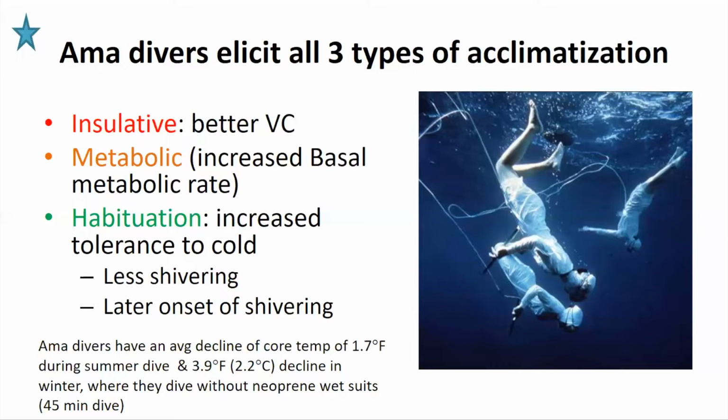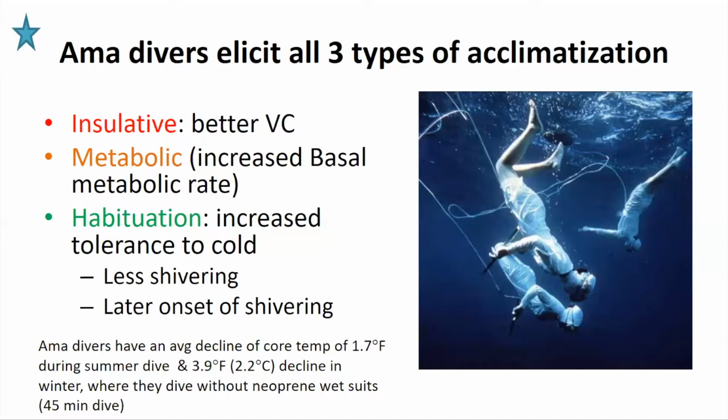Metabolic, they increase their basal metabolic rate to keep their core temperature elevated. And they've habituated to the cold, which means they have an increased tolerance to the cold and they're not shivering in the water, which would be a waste of glycogen storage. So they also have a later onset of shivering. So this is a very cool example of how humans have adapted to cold.